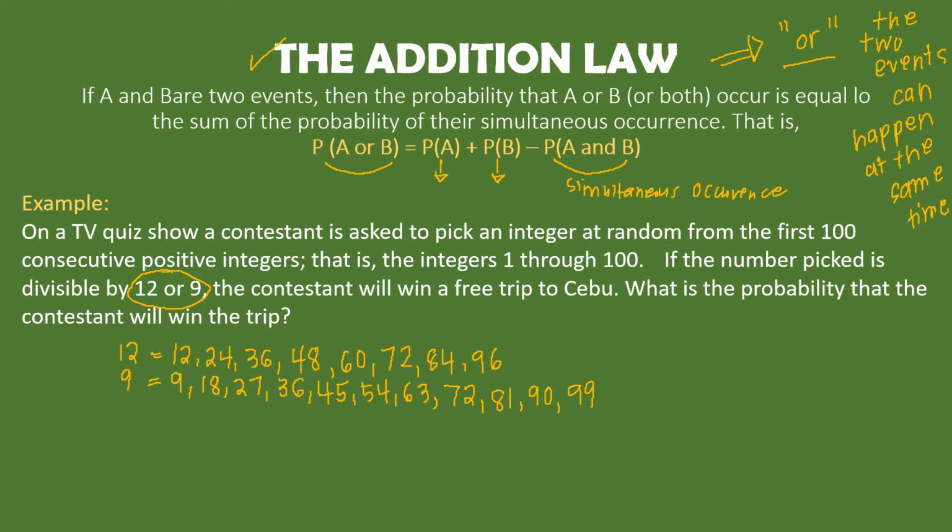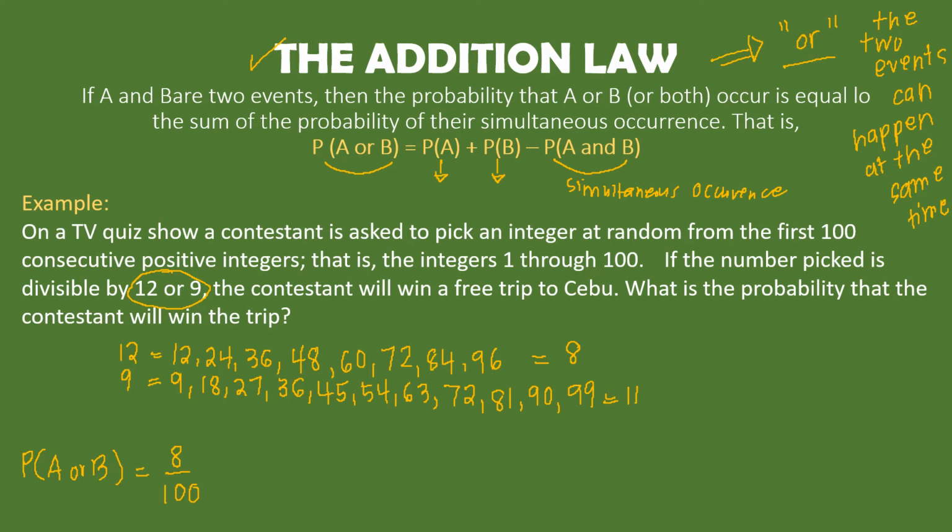Okay? So how many numbers are divisible by 12? We have 1, 2, 3, 4, 5, 6, 7, 8. So we have 8 numbers divisible by 12. How many numbers are divisible by 9? 1, 2, 3, 4, 5, 6, 7, 8, 9, 10, 11. So if we apply the formula, probability of A or B, the probability of A is 8 over 100. 100 is the total sample space because there are the numbers 1 through 100.